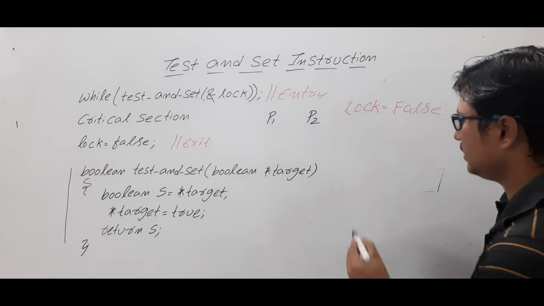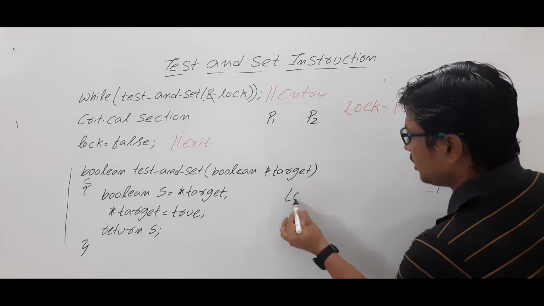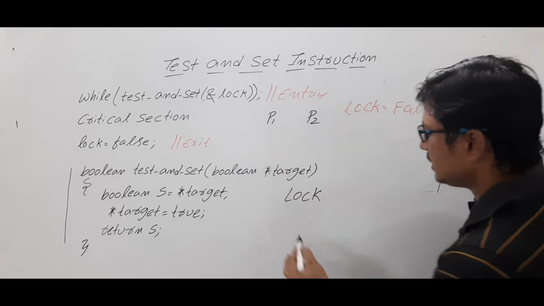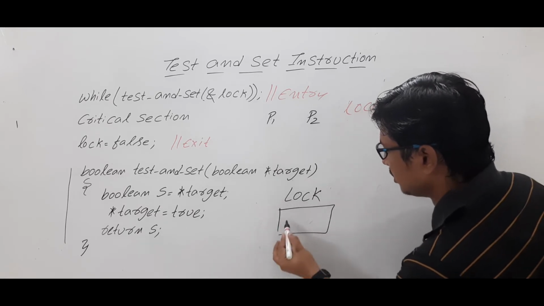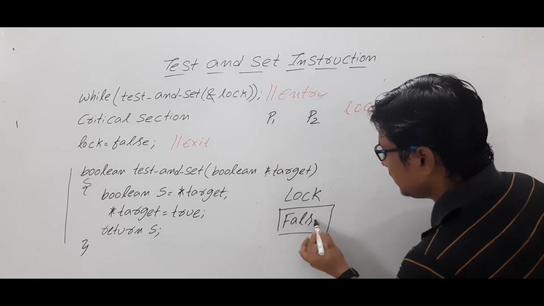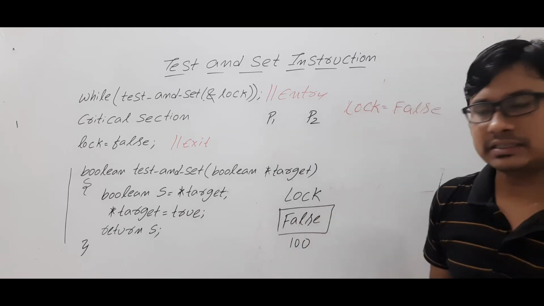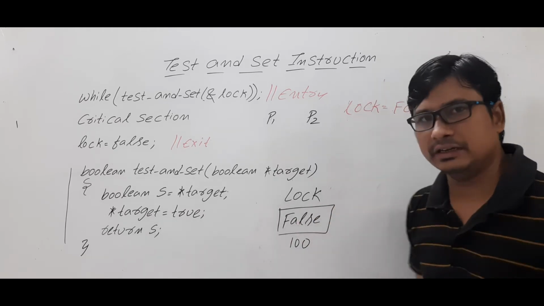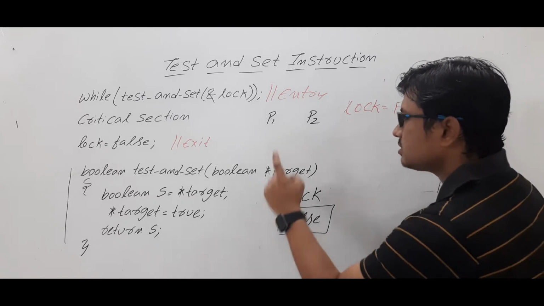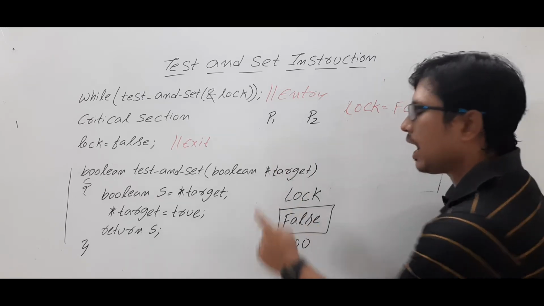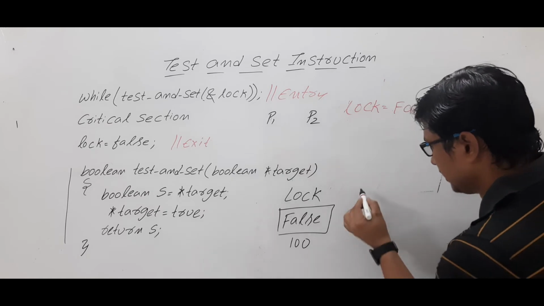So look here. Let's consider that you have a lock variable. Its initial value is false, and let us consider that this variable is at address location 100. Now you have a pointer called target.